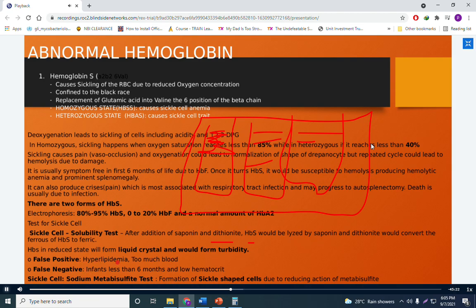Now, we have hyperlipidemia and too much blood. Class, what does the word hyperlipidemia mean? Hyperlipidemia. High level of lipids in where?